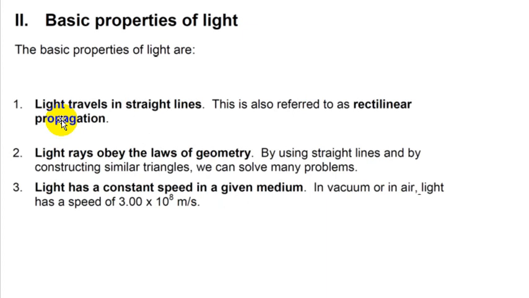Next, basic properties of light. Light can travel in straight lines. This propagation is called rectilinear propagation. Also, light rays obey the laws of geometry. By using straight lines, right triangles or similar triangles, we can solve many problems.